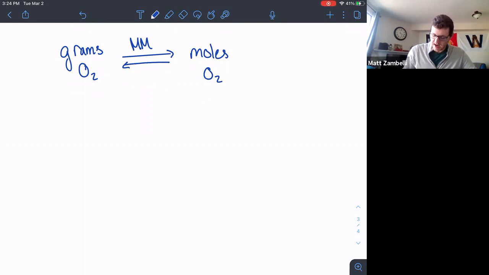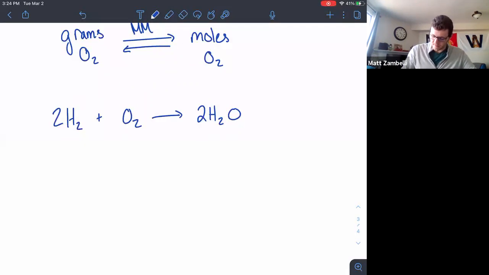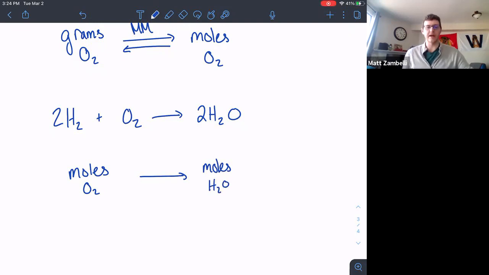And so let's say I have my equation. All right, I have this equation. What if I wanted to go from moles of oxygen to moles of water? What would I use to go from moles to moles?